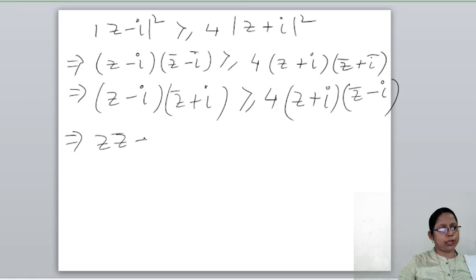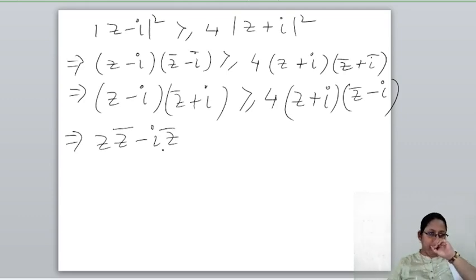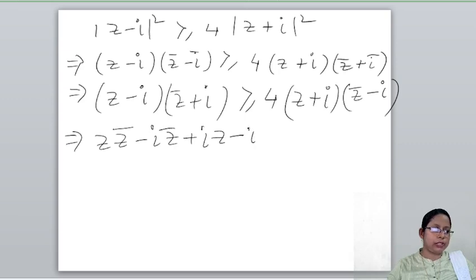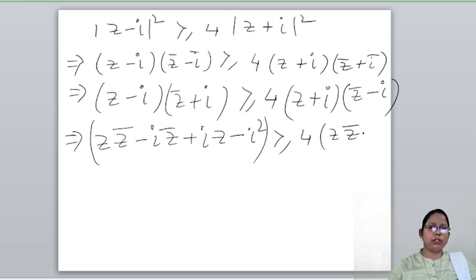z conjugate, i z conjugate, i z, minus i square greater than or equal to 4 z conjugate plus i z conjugate minus i z minus i square.